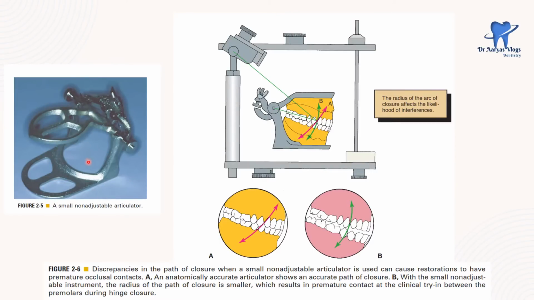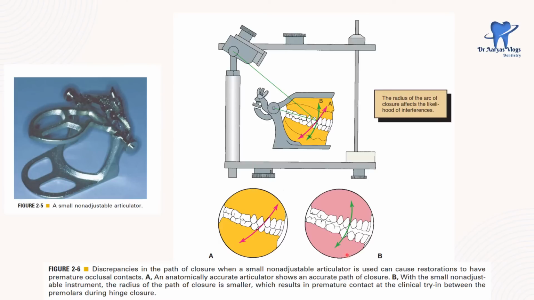This picture shows a small non-adjustable articulator, and here there are various discrepancies in the path of closure. The restorations have premature occlusal contacts. An anatomically accurate articulator shows an accurate path of closure, but with small non-adjustable articulators, the radius of the path of closure is smaller.